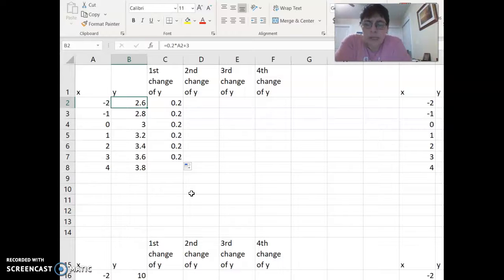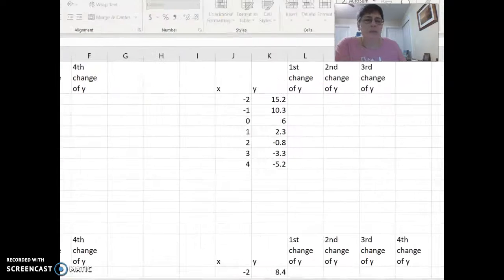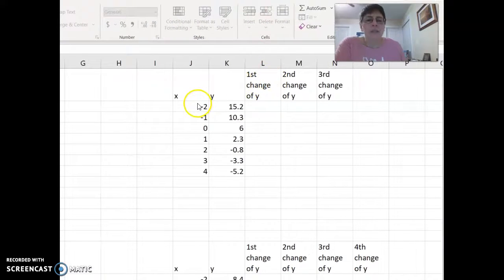Now, as you're in pre-calculus, this is kind of handy because when you start taking derivatives, the derivative is right there. First change. So let's come over here to the second one. And same thing again.